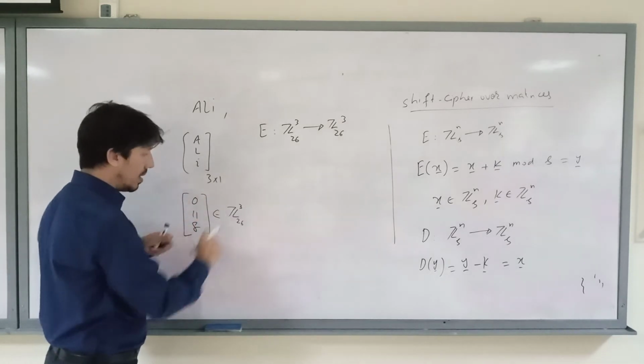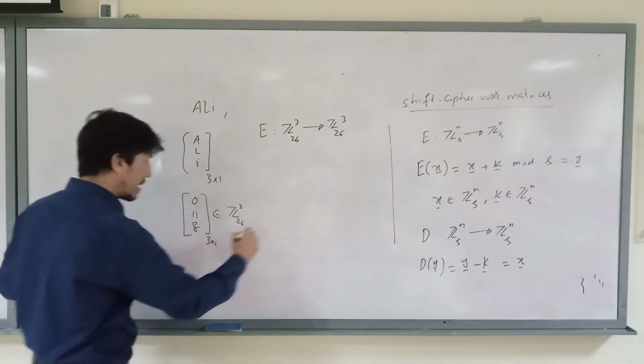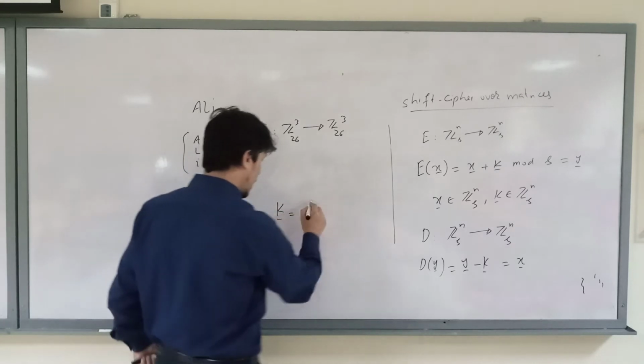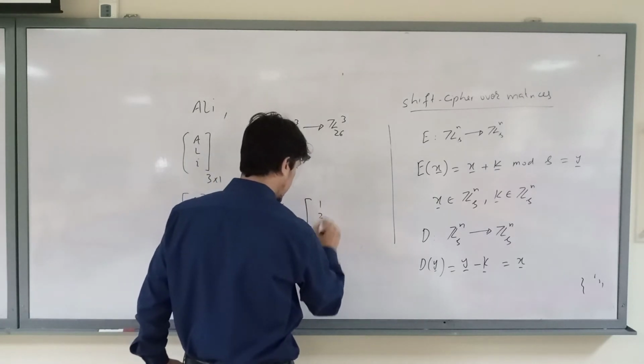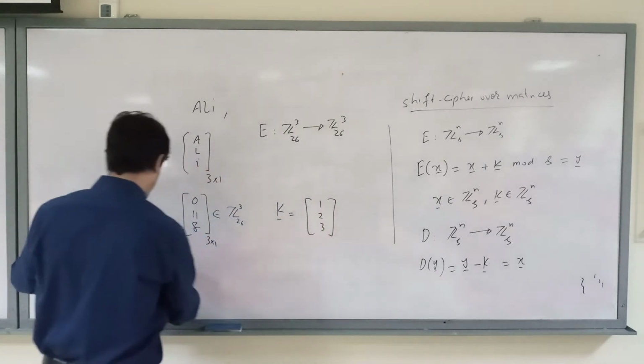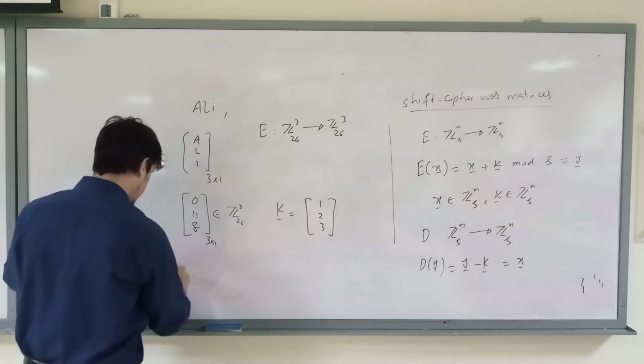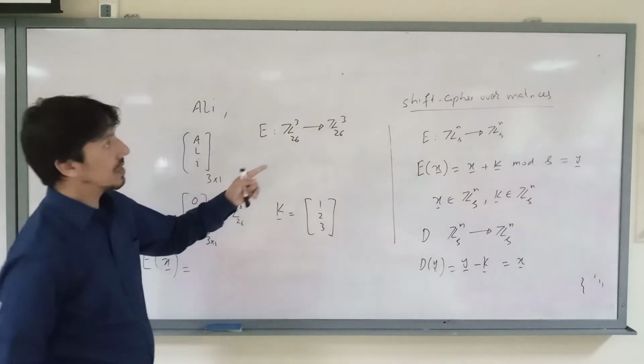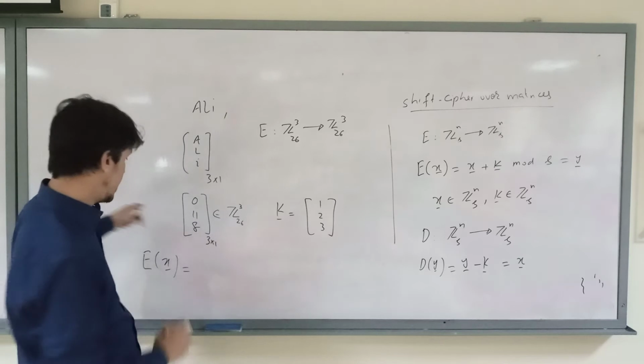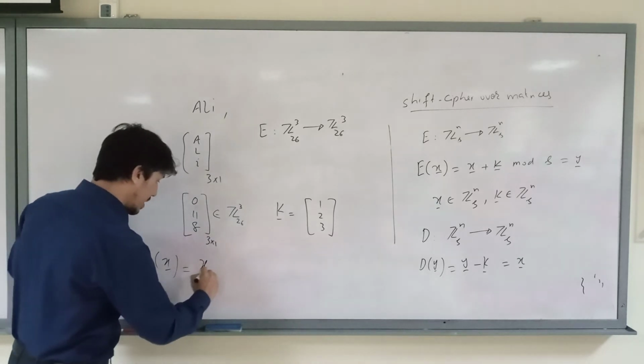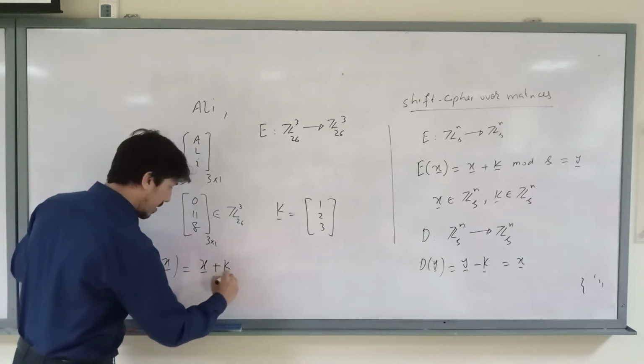For encryption, I take the key as 1, 2, 3. If I encrypt this using the generalization of the shift cipher over matrices, I have to use x plus k.